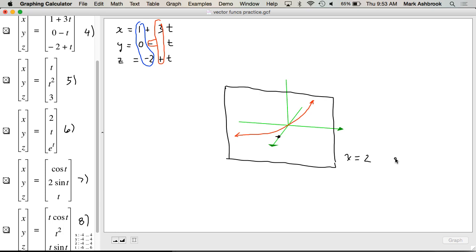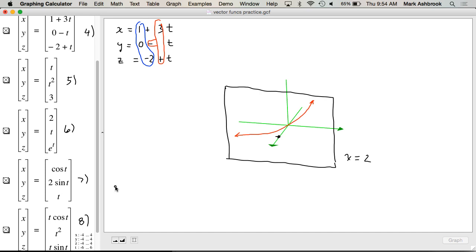All right, number 7. So in 7, let's think about the projection into xy. What will the projection into xy be if x is cosine and y is 2 sine? Is that a circle? Ellipse, right? It's twice as wide in y as it is in x. So it's basically the unit circle, but stretched into an ellipse. So that's what you're going to see if you look straight down on that thing.